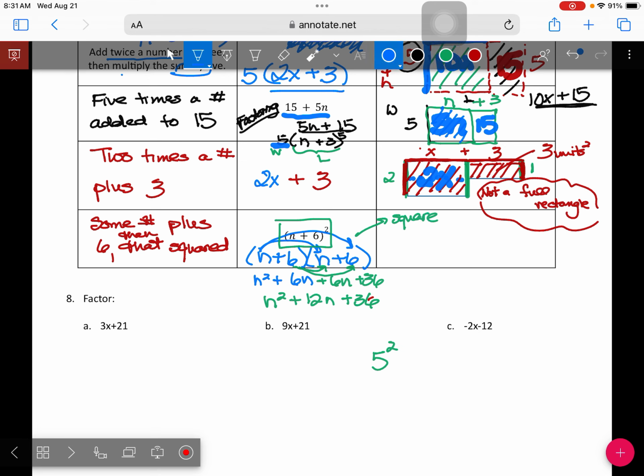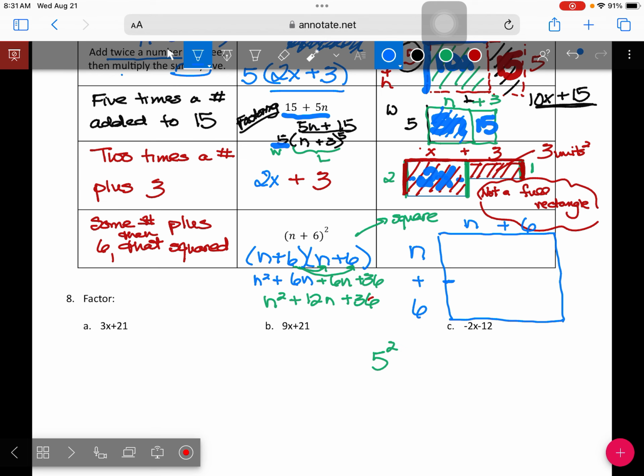What is my width? If I say n plus 6, that quantity squared, what is my width? N plus 6. So let's say here's n. What's going to be my length? N plus 6. I'm really trying to make this be a square. This is n plus 6.